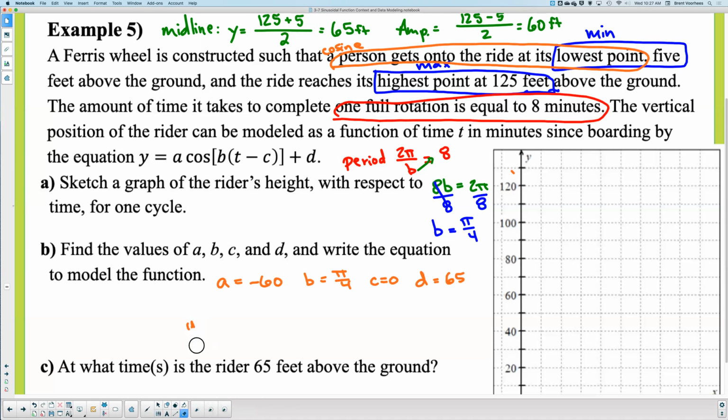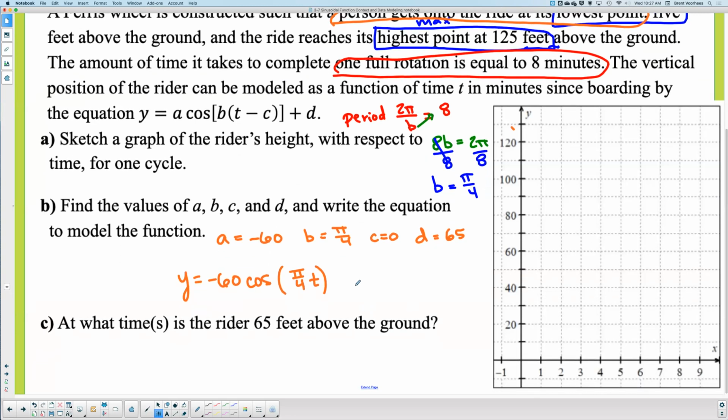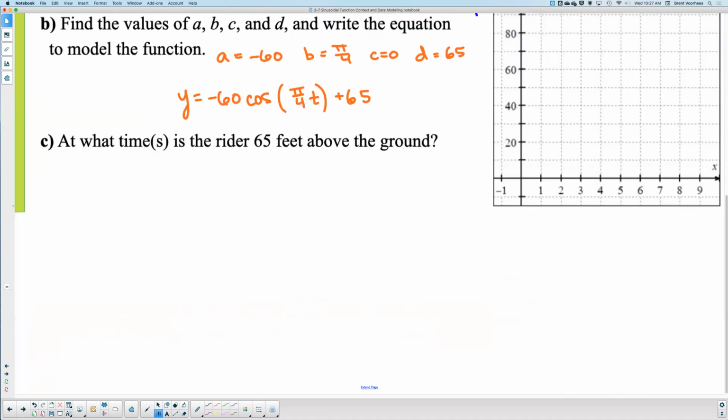They use a Y, sorry. Y equals negative 60 cosine. Since I don't have a C, I don't have to do both brackets. I can just say pi over 4 T. Sorry, let me scroll down. Plus 65. And I'll press the button to shoot it up more in a second. There we go. There's our equation.